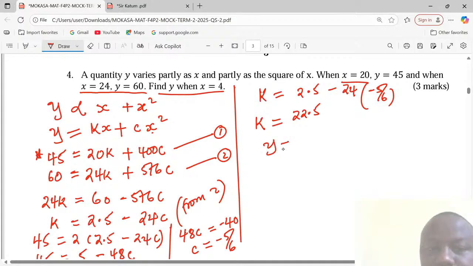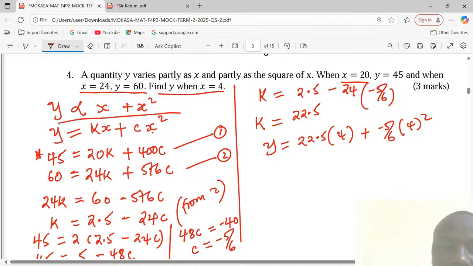At this point, we can now find y when x is 4. So y equals to, instead of k, 22.5 times 4 plus, instead of c, we write -5/6 into 4 squared according to the general equation.